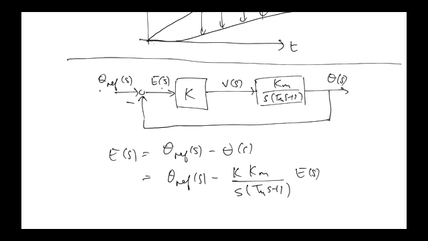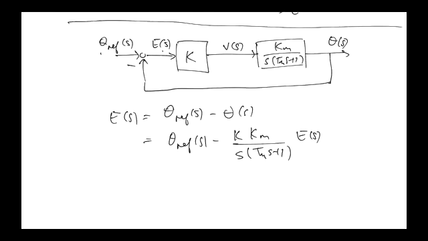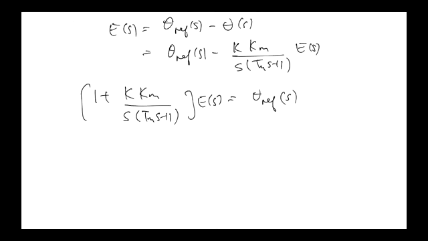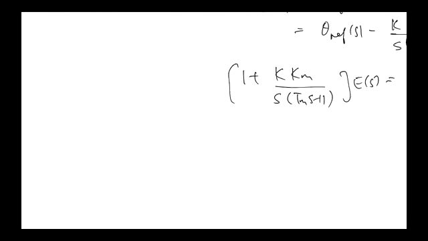So this stuff here is just coming from the block diagram. And so we'll get 1 plus k times km on s tm s plus 1 times the error signal is equal to theta ref. All right. So the error, whoops, I don't know what I did then.